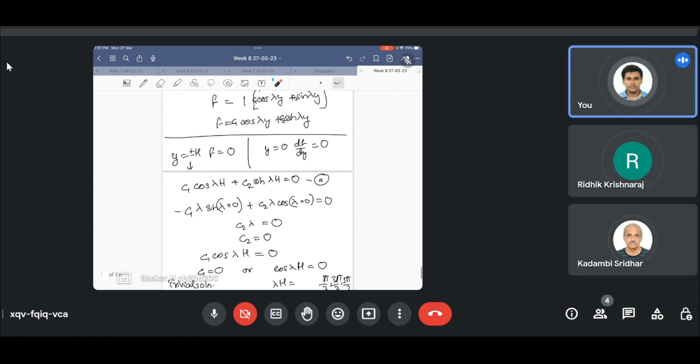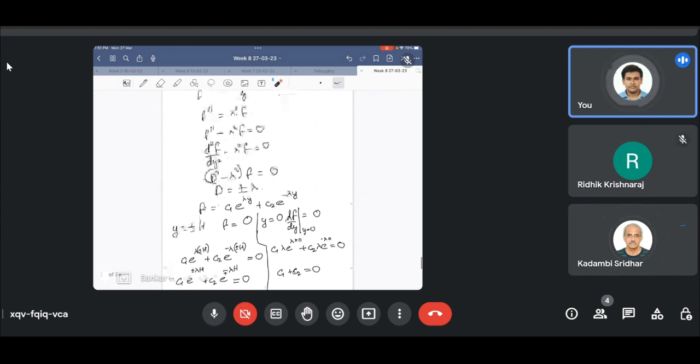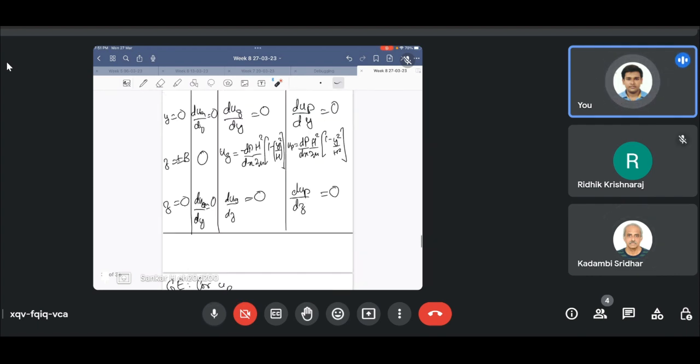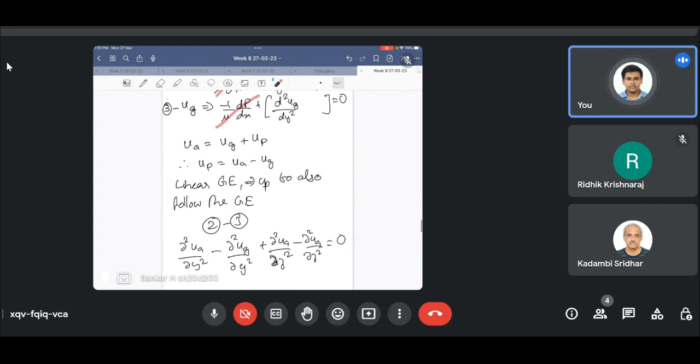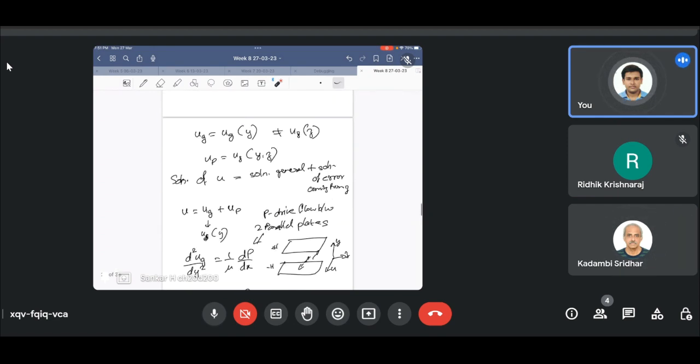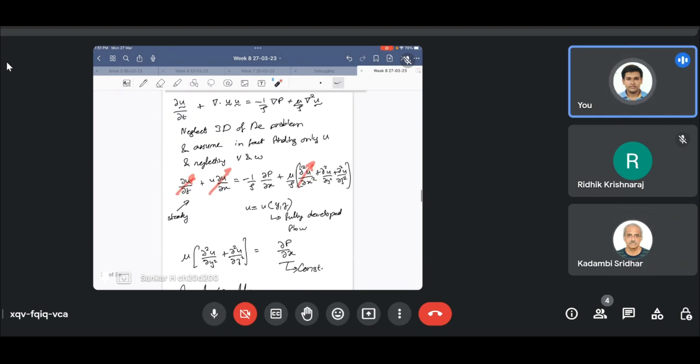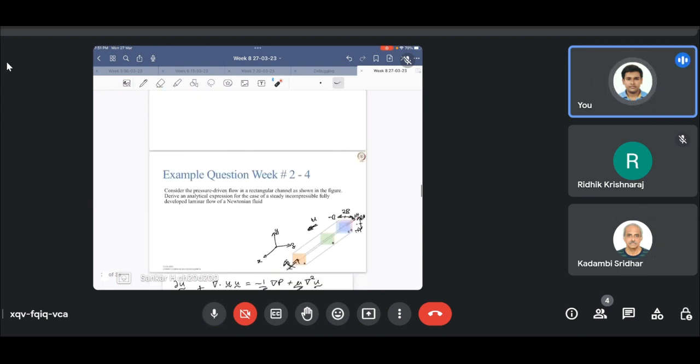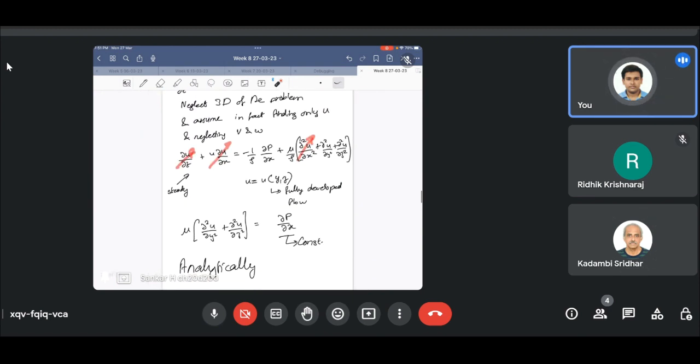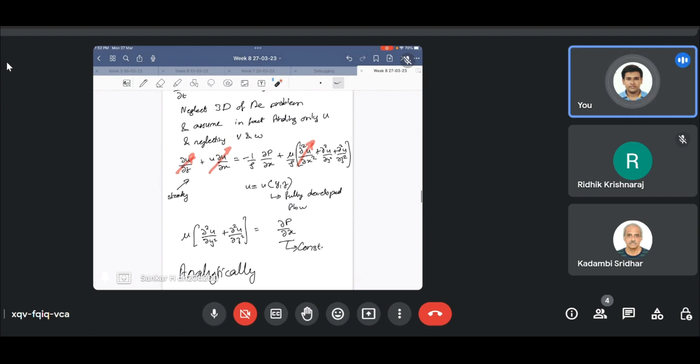So now we can see why the analytical solution of such a seemingly simple problem requires around 15 pages of derivation. We started at page number 23 and finished at page number 36. So we required around 14 pages of derivation for such a simple problem, where we could find it computationally or numerically with a much faster, much easier method.